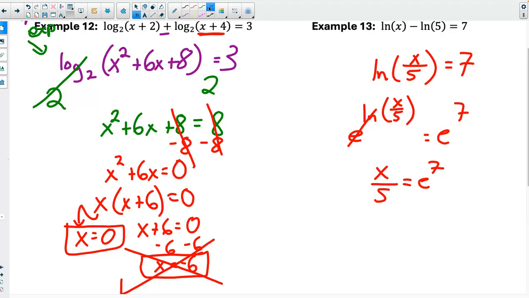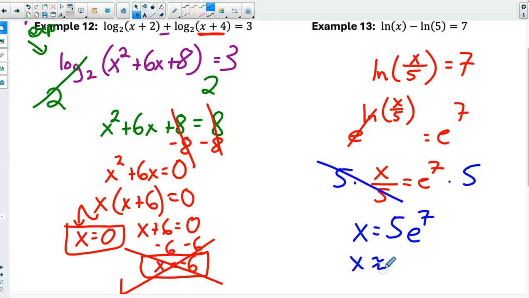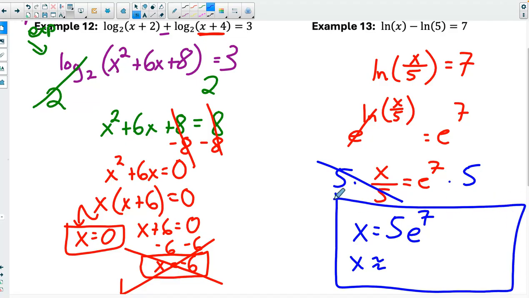How do I get x by itself? Perfect. So we go times 5. Inverse operation cancels out. Times 5. So x is going to equal 5 times e to the 7th. This would be our exact answer. Or, approximately, let's all type it in and make sure we can get it. You must have picked up a Math 1 calculator.